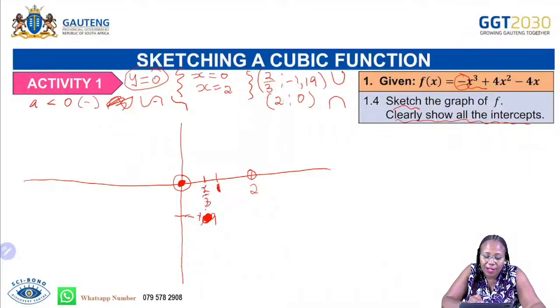And then we have another turning point at 2 and 0. So this point is our turning point. Remember, this one is the minimum one. It is where you'll be having this shape. And then 2 and 0 is the maximum one. Can you see how it assists you, graders? And then now you can join your points and have your graph.